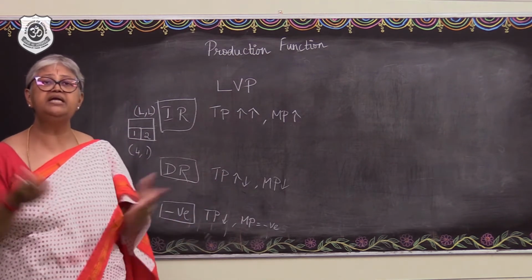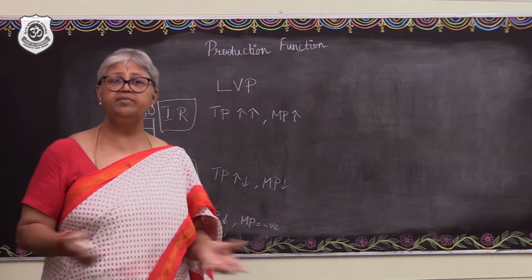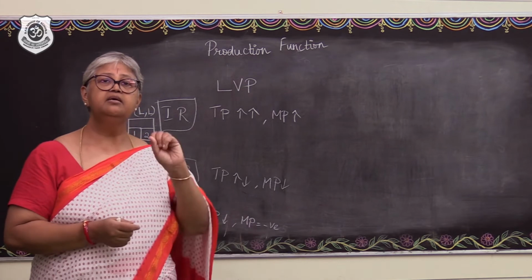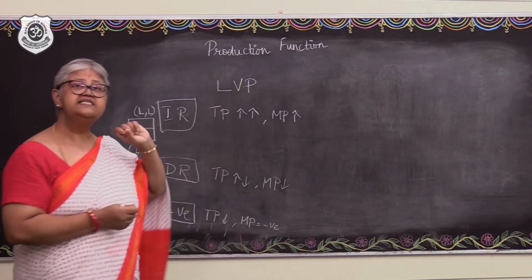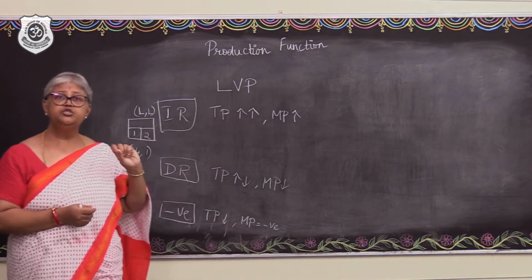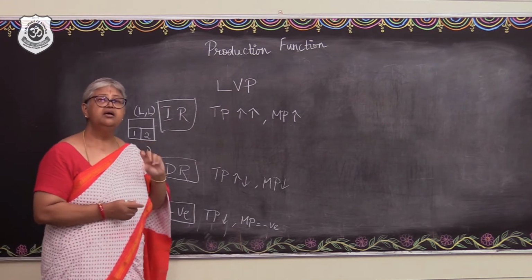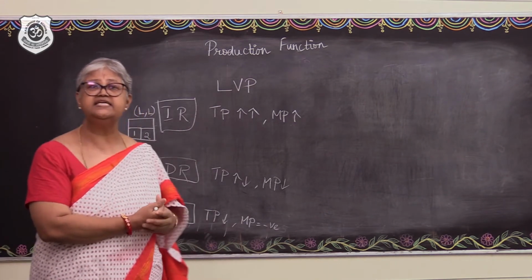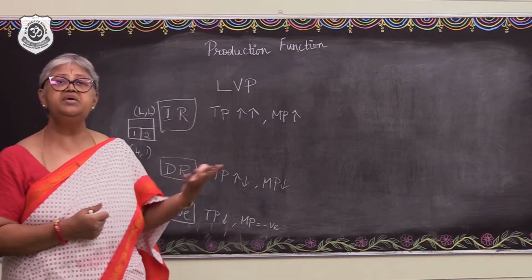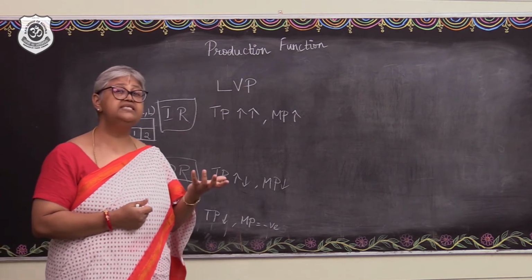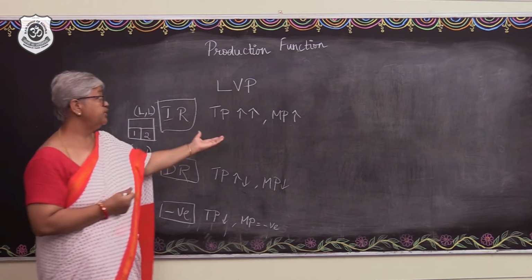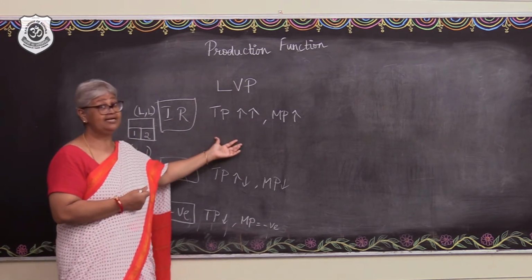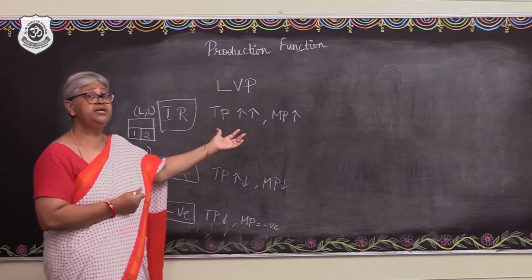Because there is going to be better coordination of these two factors with a fixed factor. The two laborers are going to combine, coordinate and work with better efficiency, and together they will be able to contribute much more towards the total product. So yeah, the total product will increase, and that will increase at an increasing rate.